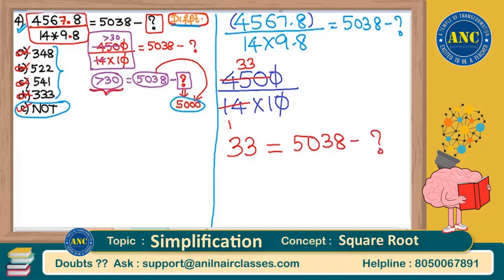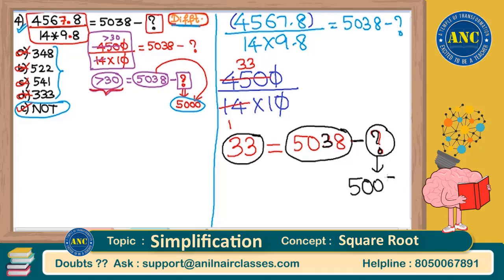Now, Mahananda, please listen carefully, sir. For 5038, if I subtract something, I should get 33. Can I say that 5038 minus 5005 is giving you 33?